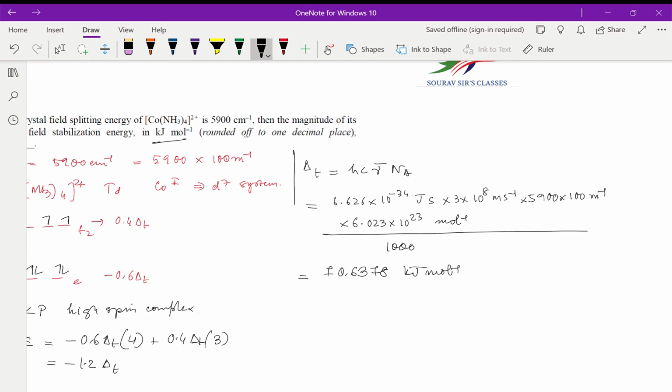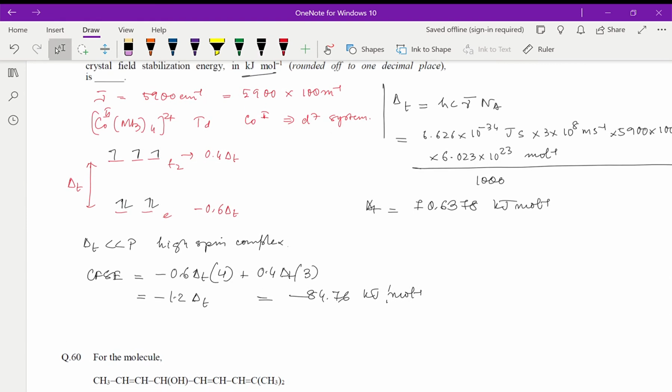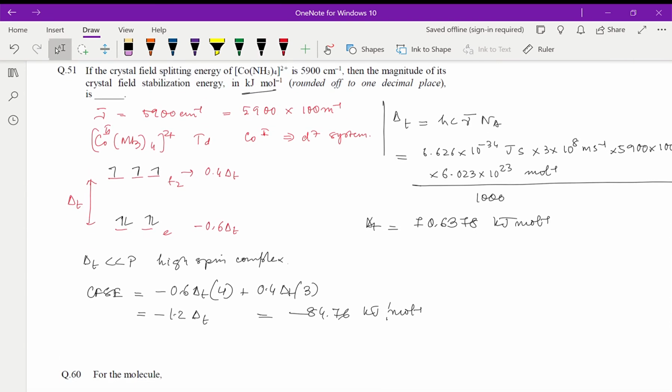We just plug in this value of delta T, and the answer comes out to be 84.76 kilojoules per mole. So that is how we have to solve this question, and I hope that explains how it needs to be done.